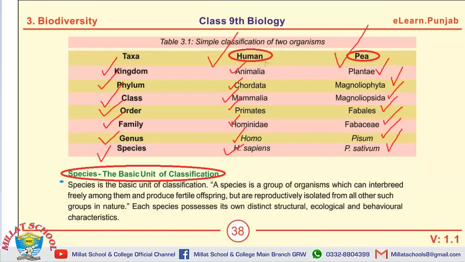So both kinds of classification, human and pea, can be asked as short questions in the examination.